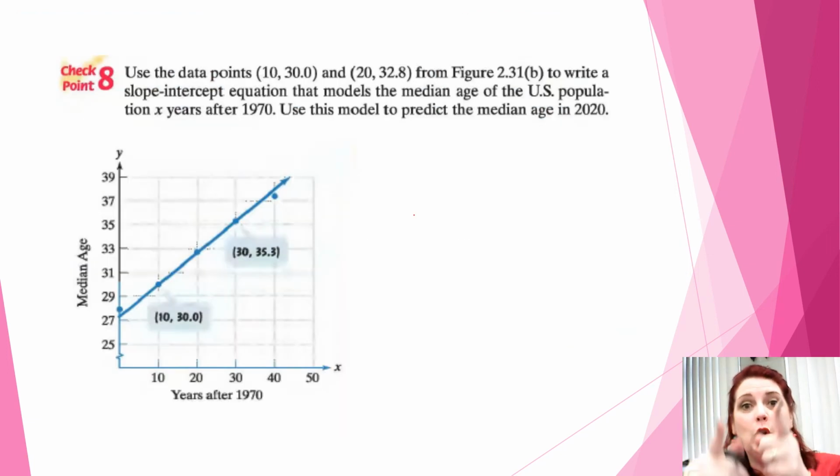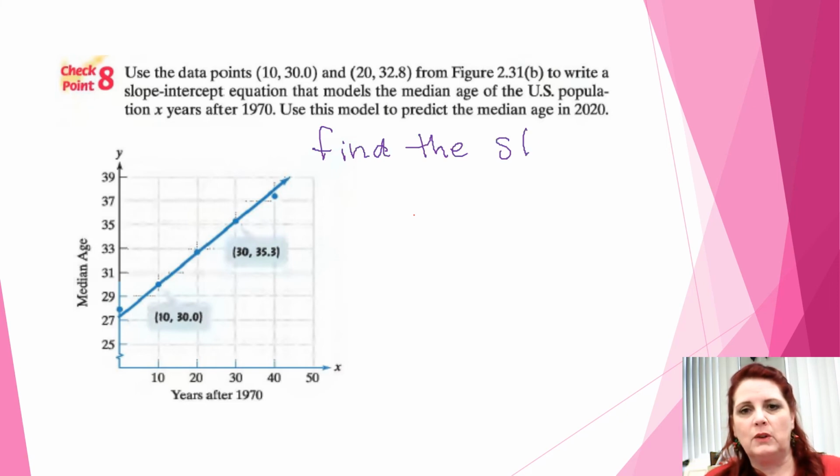Okay, your turn. So I want you to use these data points that are given to you, the 1030 and 2032.8, and they're drawn. You can have a graph given to you, and your first thing you're going to do is find the slope, because you're going to find an equation. So find the slope, and we'll use this as x1, y1. This will be x2, y2.